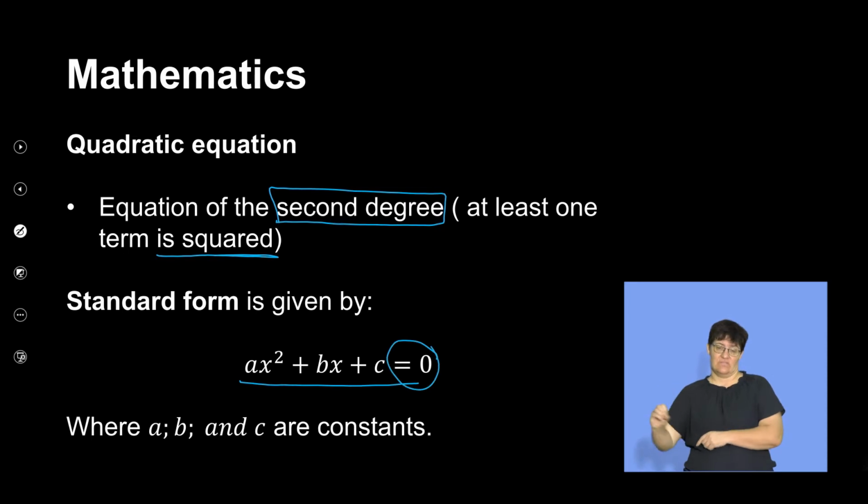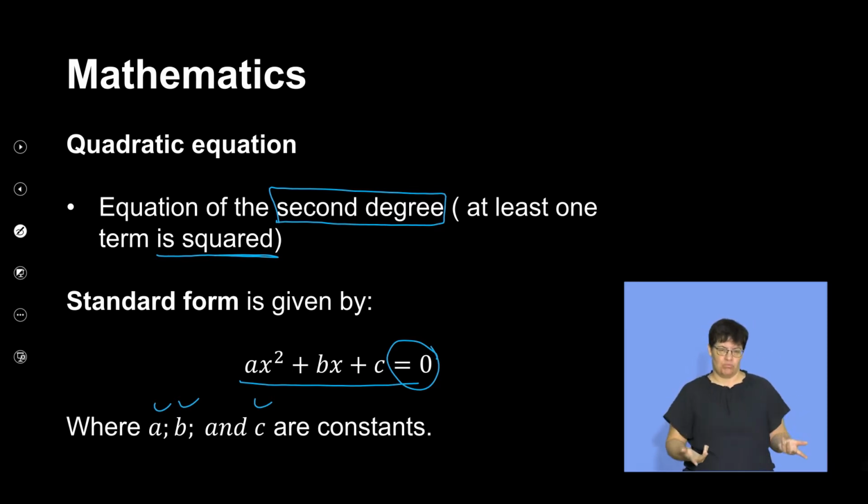I need that equal to 0 there because it talks about one side being equal to another side. The values of a, b, and c are not variables. No, they are just constants, so they are actual real values. So a can be 1, a can be 2, it doesn't really matter. We don't consider them as the variable.